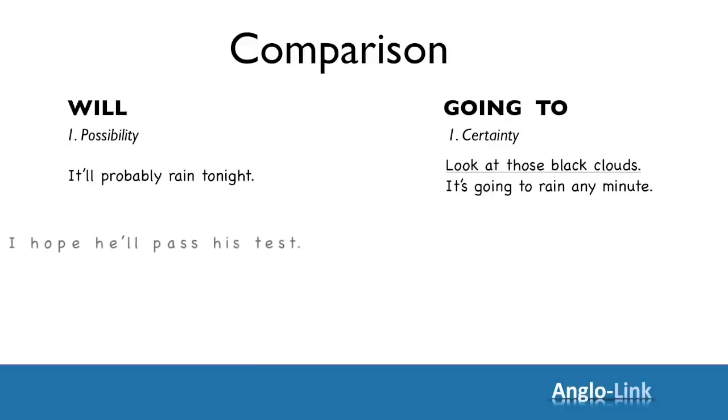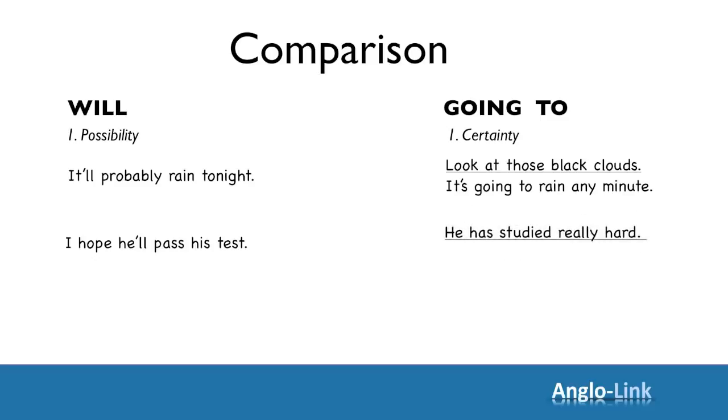The next example was, I hope he'll pass his test, but I'm not sure. Compare that with, he has studied really hard. He is definitely going to pass his test. The word definitely underlines the certainty in this tense.